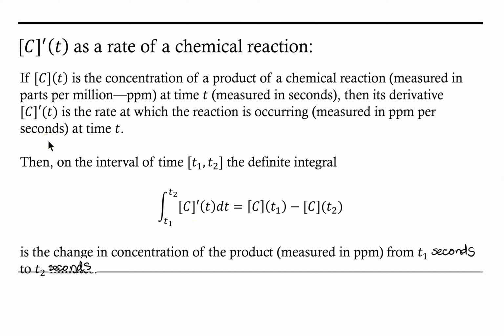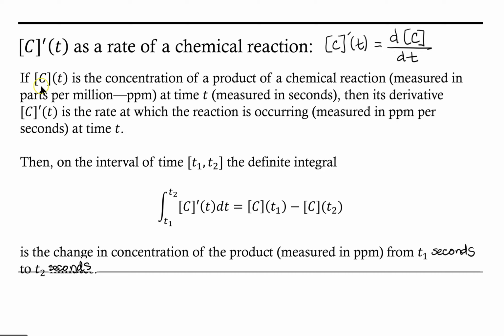Looking at a different scenario, let's look at C prime of t as the rate of change of a chemical reaction. So just to remind you that when we write with the prime notation, this is conveying this idea that we have change in concentration over change in time.